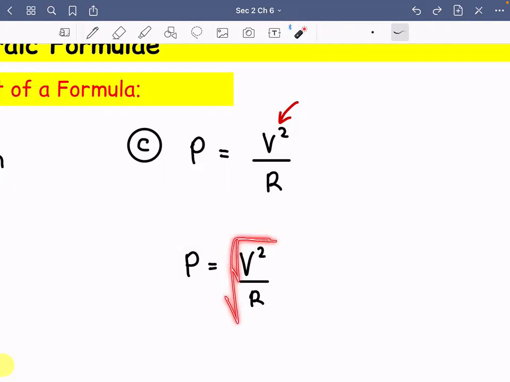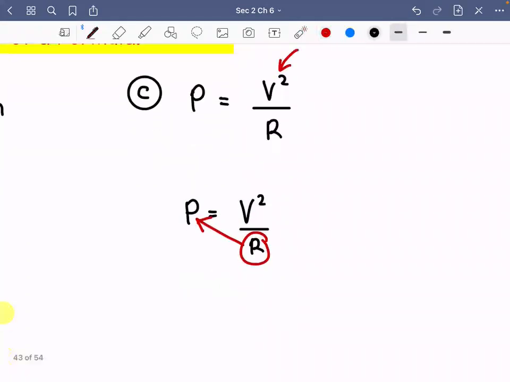And you don't want to put a root here with R. So basically, class, in this type of question, I'll remove R first from the right side by cross multiplying R with P. This is over 1, so 1 times V squared is the same. So R times P will give me PR, equals V squared.